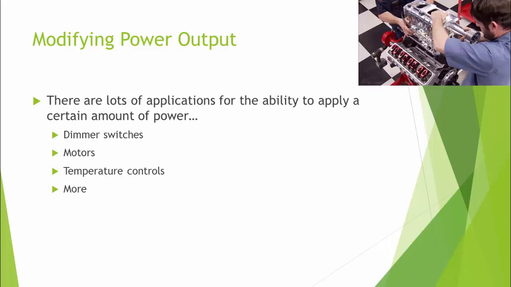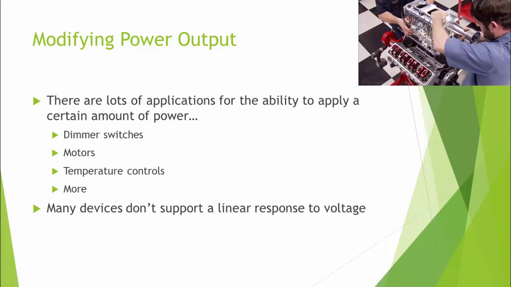However, there are lots of applications where we want to be able to apply a specific amount of power and, perhaps more importantly, a situation-specific amount of power. So we might have dimmer switches where sometimes we want them to be low and sometimes we want them to be high. We might have motors where we don't always want to zoom everywhere at maximum speed. Temperature controls and other things.